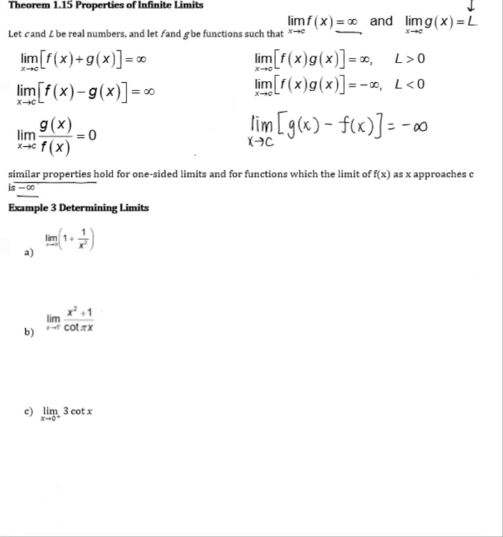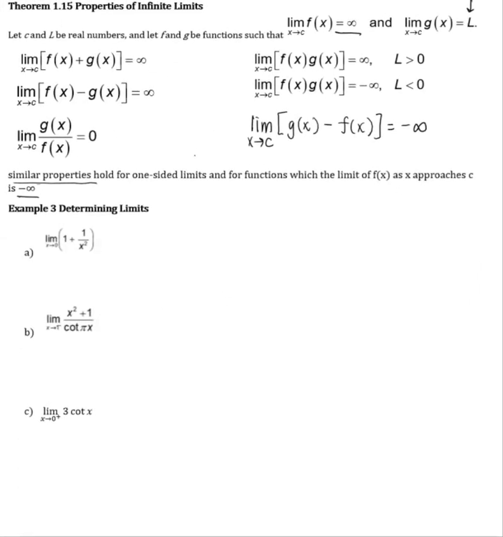In example 3, we have the limit as x approaches 0 of 1 plus 1 over x squared. We're going to try to apply this sum property. So let's see what is happening to each of these individually. Well, the limit as x approaches 0 of 1, just that first piece there, is equal to 1.